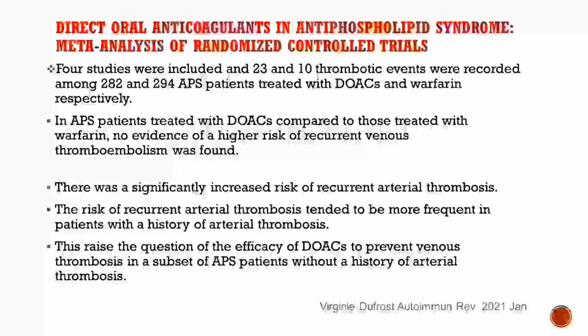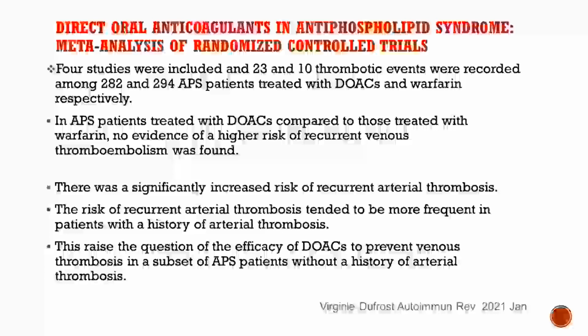And if you look at those studies, the first 2 studies excluded arterial thrombosis, and yet even with those excluded, we see some higher tendency, which is the opposite of what this meta-analysis is reporting. The risk of recurrent arterial events, as we have seen in more studies, is much more frequent than the rate in the venous. From this, they raised the question of the efficacy of DOACs to prevent venous thrombosis in a subset of patients with APS without history of arterial thrombosis.